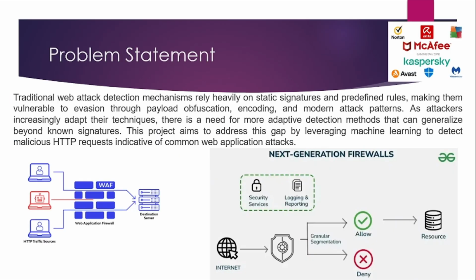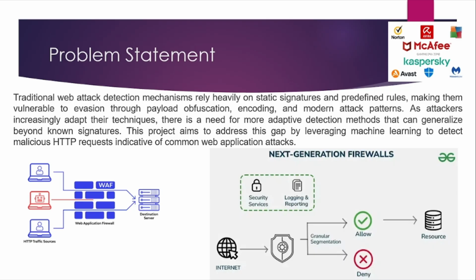So why are we actually going to build this project? Nowadays we have different products in the current market to detect some common attacks, such as web application firewalls and next generation firewalls, as well as antiviruses, with options to detect malicious activity in our network.